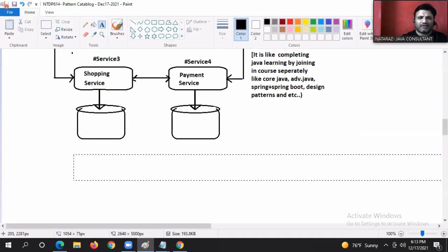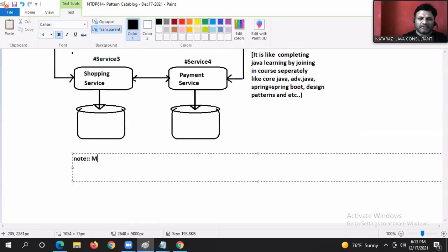Now tell me here. Note: microservices design patterns are given to solve the problems of microservice architecture based projects development.